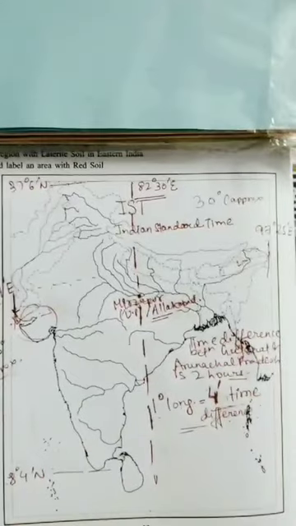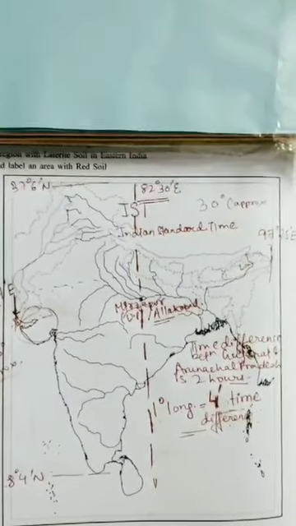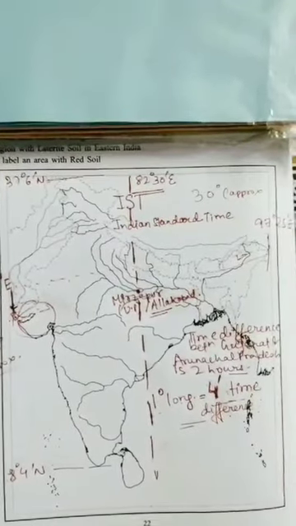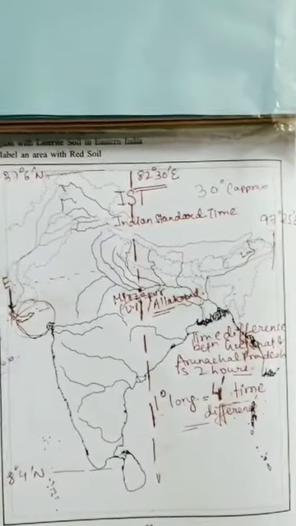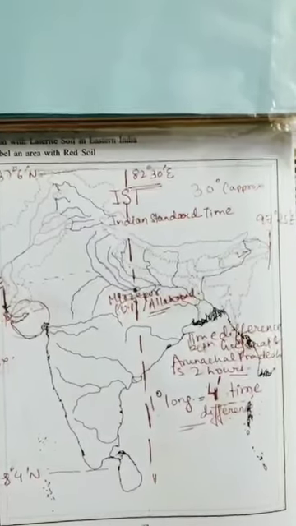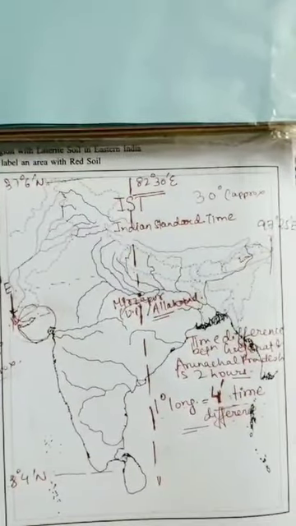Can you believe? Oh my God. If we were in Gujarat and it is 6 p.m. here, then going by local time, that is sunrise and sunset time, Arunachal Pradesh should already show 8 p.m. on their watch.